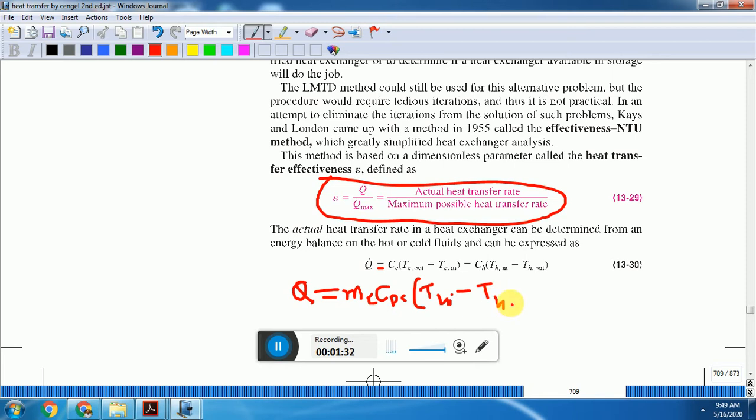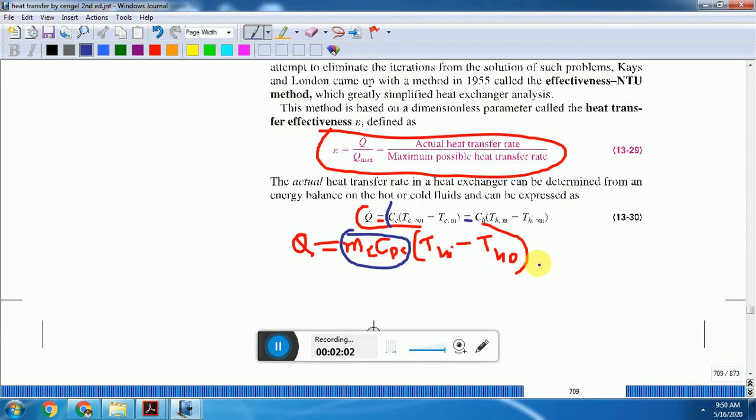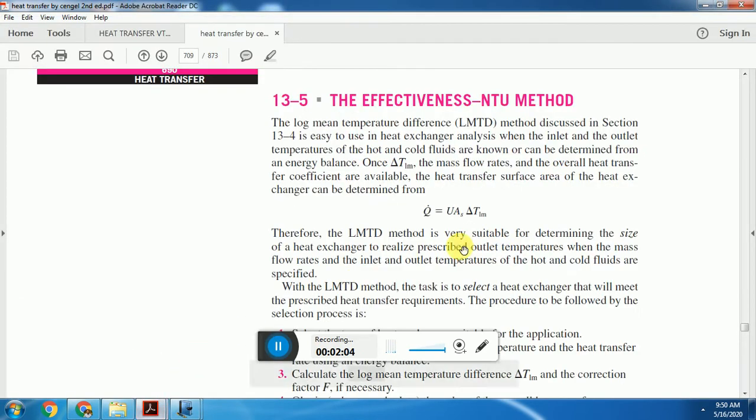The same has been written here. This one, Q is equal to mc of C. Cc is nothing but the combination of these two. mc into Cp of C is written as Cc here, into Tci minus Tco, that is heat transfer from the cold fluid, heat transfer to the cold fluid. Heat transfer to the cold fluid is nothing but heat transfer from the hot fluid, that is Thi minus Th naught. These two are same.